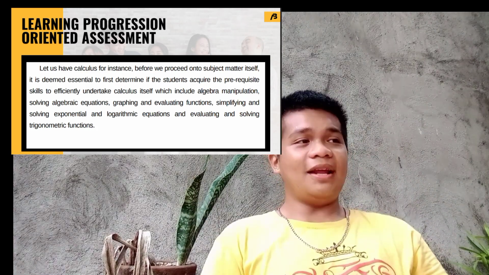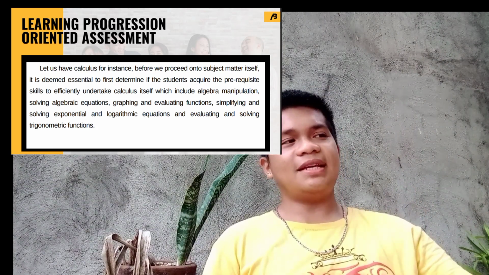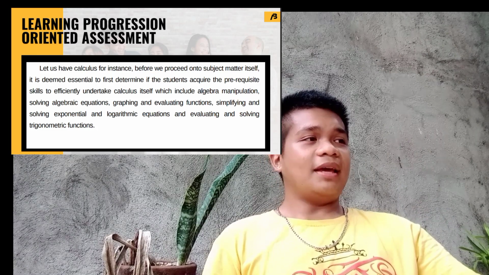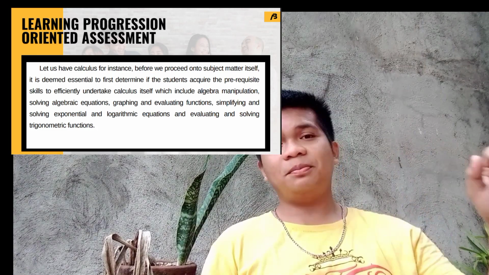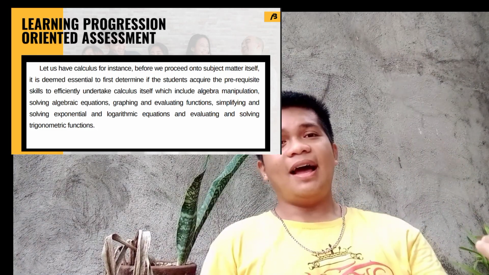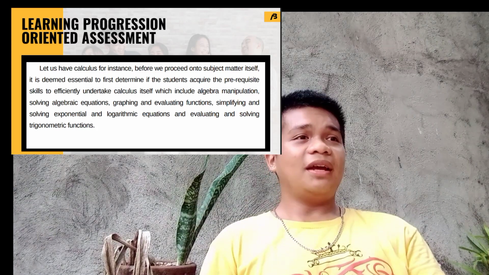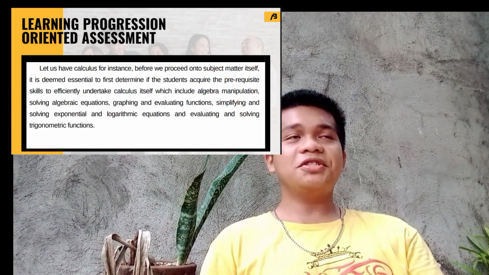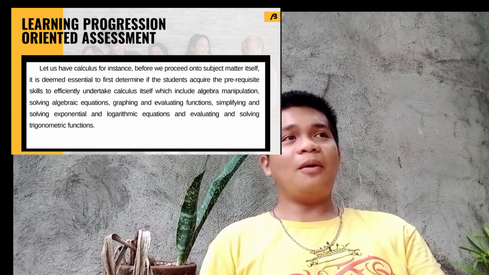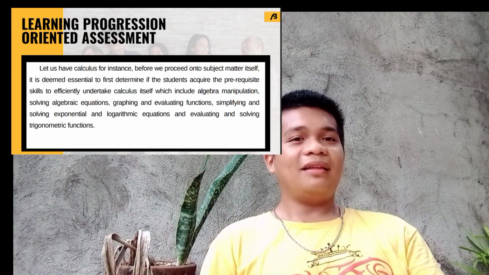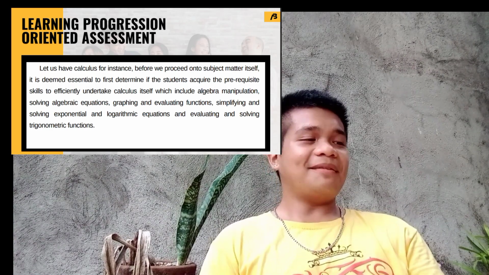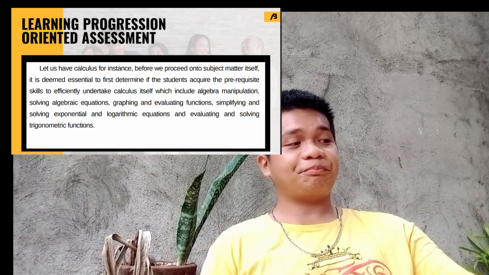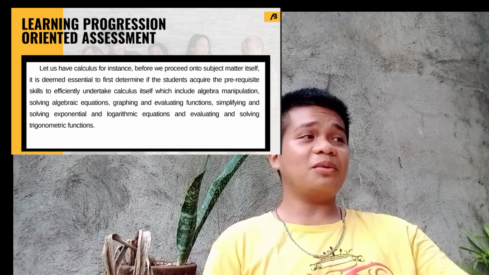To efficiently undertake calculus, you need algebra manipulation, because if you do not know how to factor, or how to do operations in algebra, calculus is not something you should be dealing with so easily.